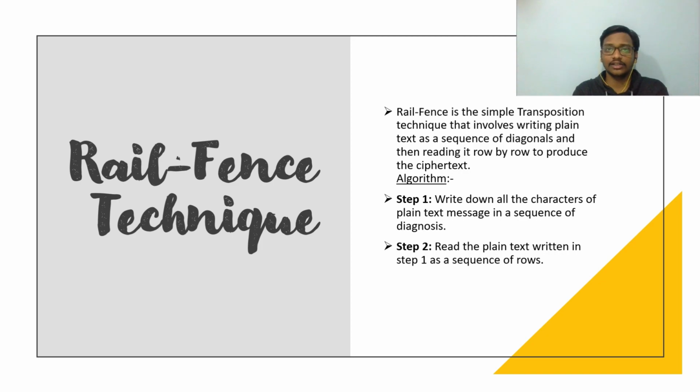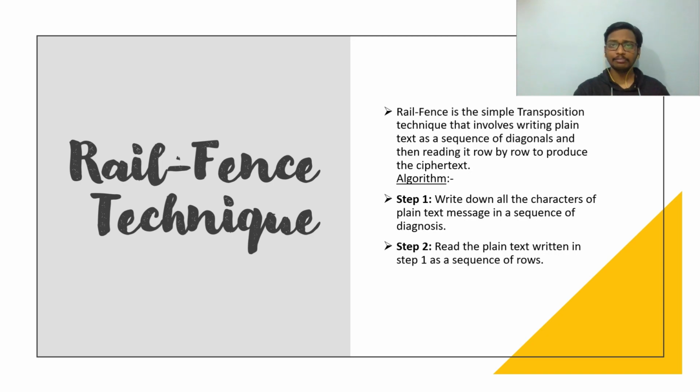The algorithm is: first we write all the characters of the plain text in a sequence of diagonals, and next we read them in a sequence of rows to convert it into the ciphertext.